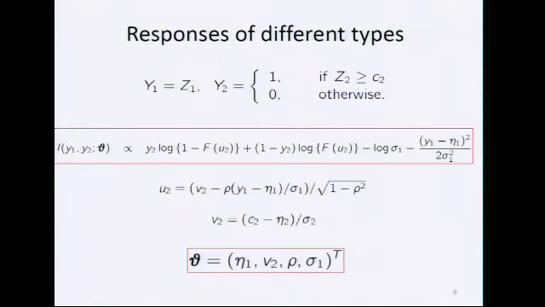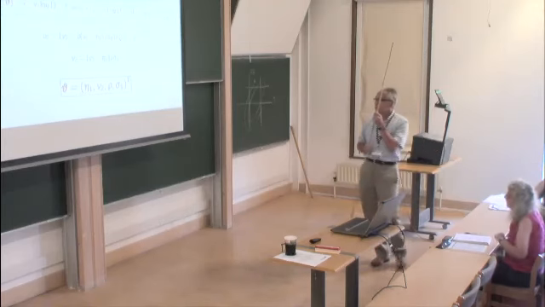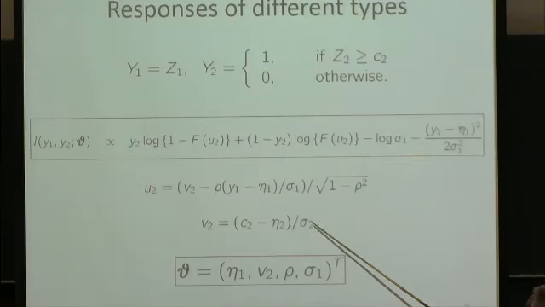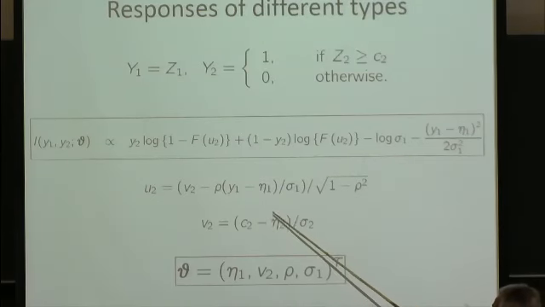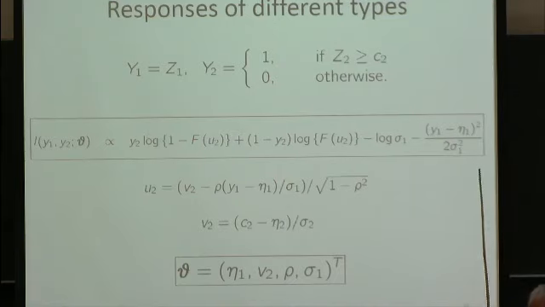Then there is the correlation coefficient and sigma 1, which is the variance of our efficacy. And it's obvious that we cannot identify sigma 2 and eta 2 independently because of dichotomization. So we have 4 parameters to estimate.